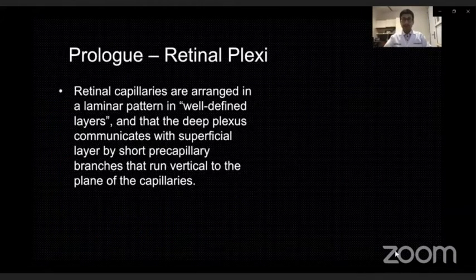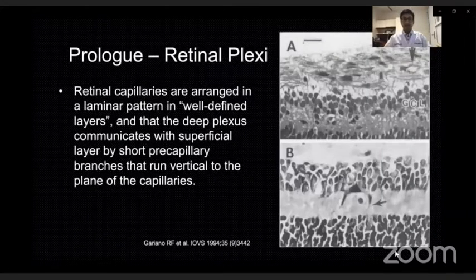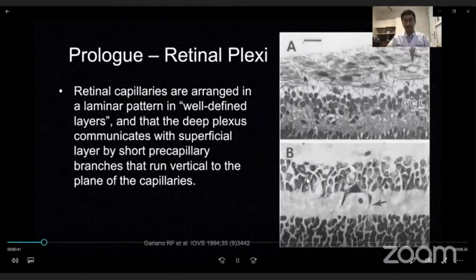Before I begin, a short note here on retinal plexi. We know that retinal capillaries are arranged in a very well-defined laminar pattern, and they form what are called plexi. Traditionally, we know that there is a superficial and deep retinal vascular plexus, and there are pre-capillary branches that run vertically connecting the two plexi.